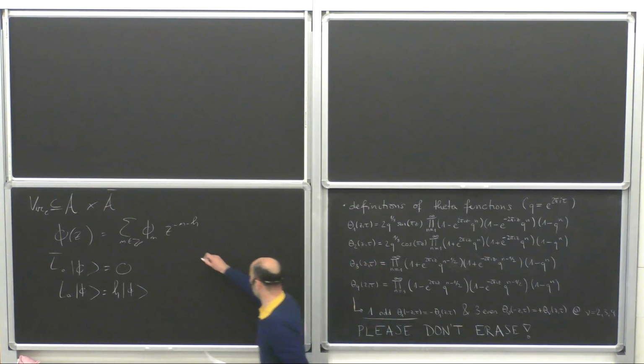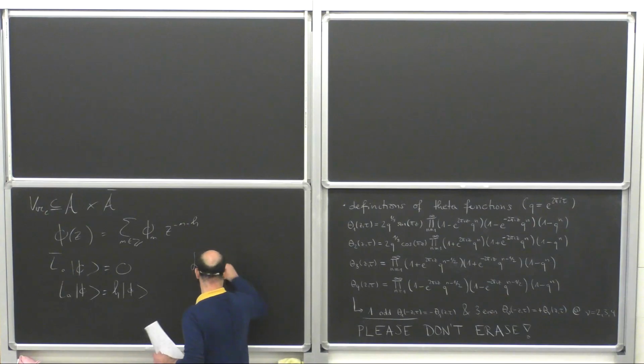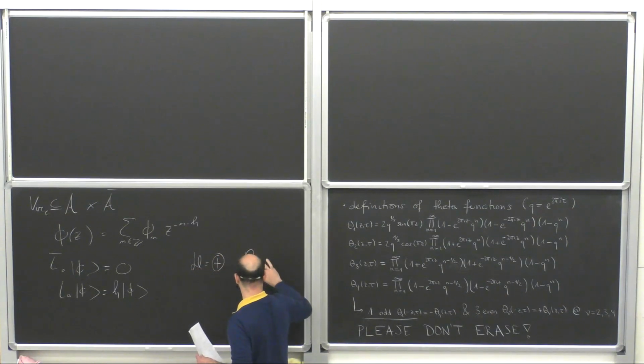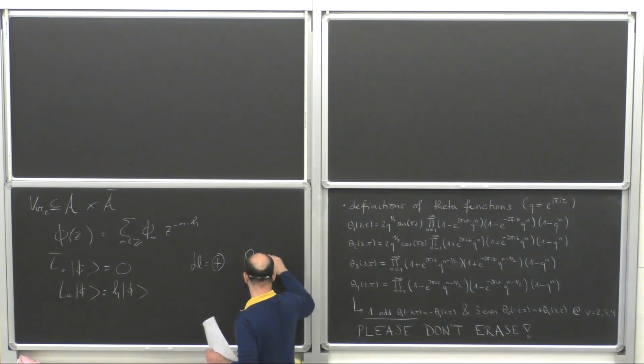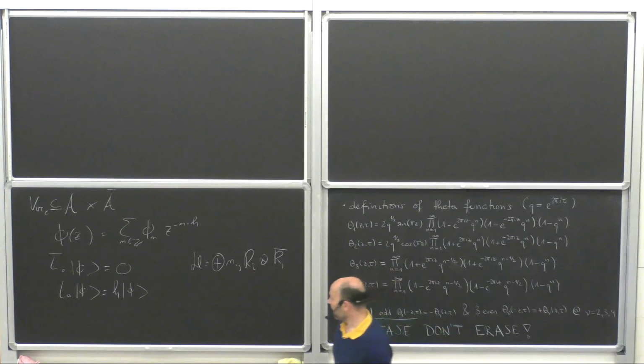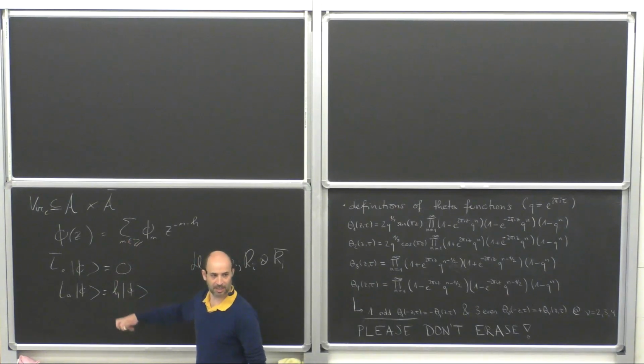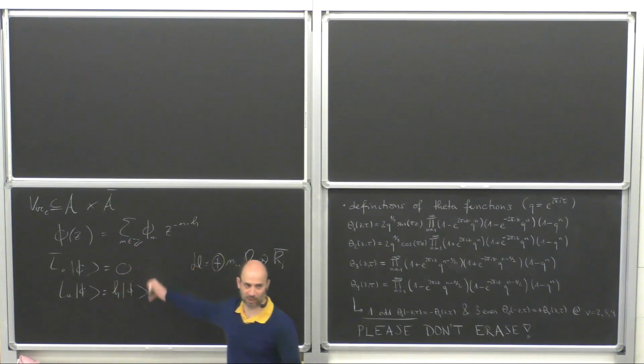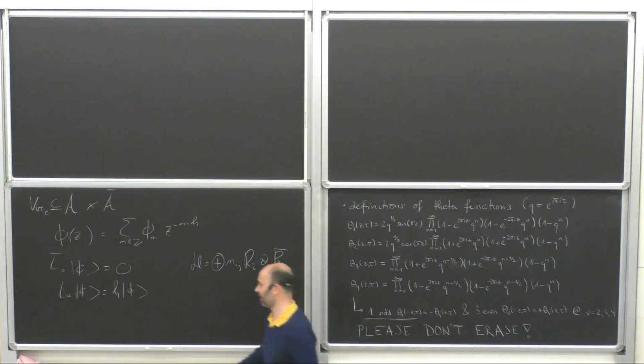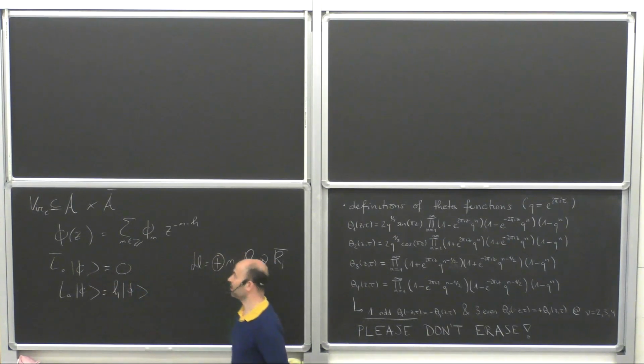So the Hilbert space decomposes into a sum over representations of the chiral algebra tensor representations of the anti-chiral algebra, with multiplicities. And this h, for holomorphic fields, is both the spin and the conformal dimension, because the spin is h minus h bar and the conformal dimension is h plus h bar, but h bar is 0 in this case.